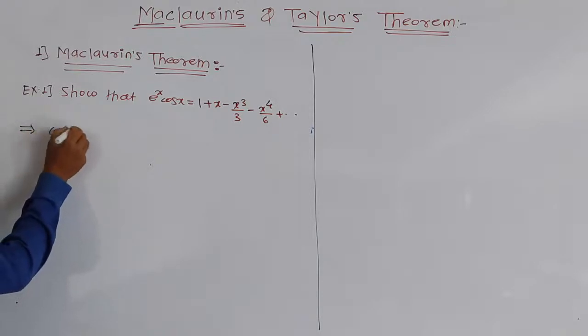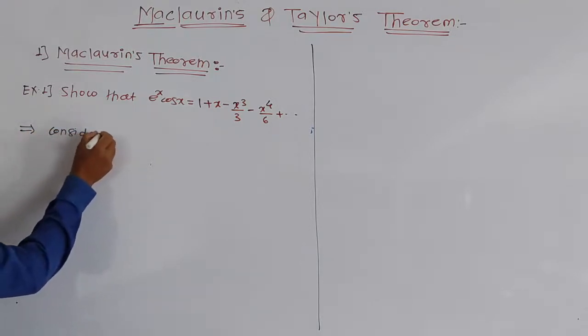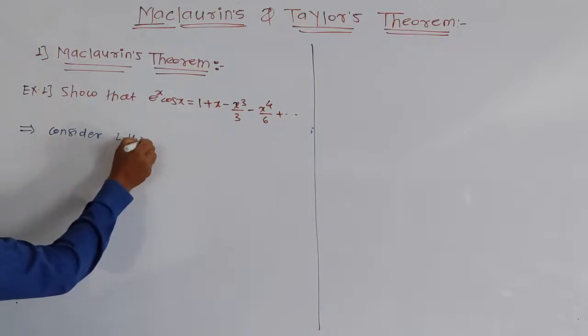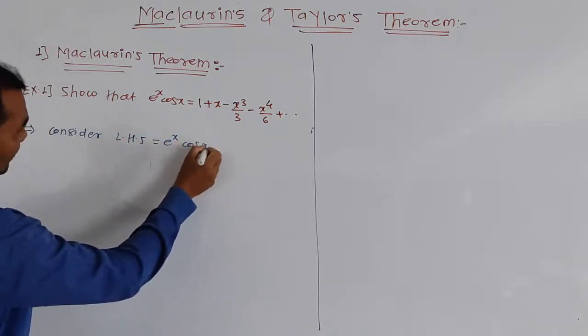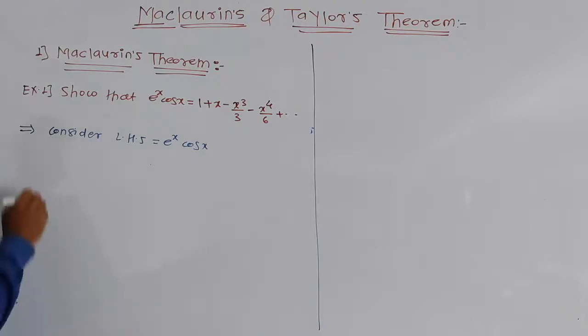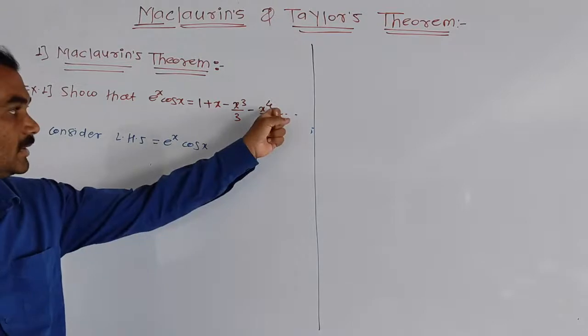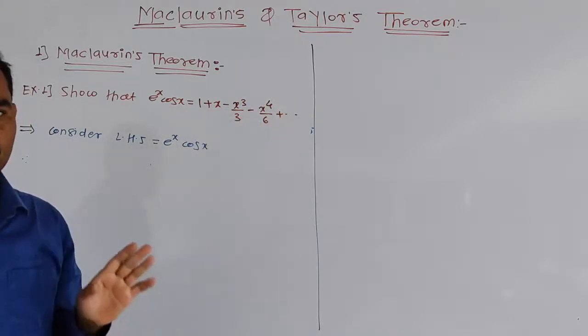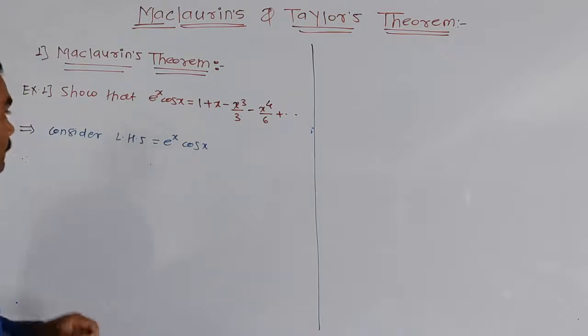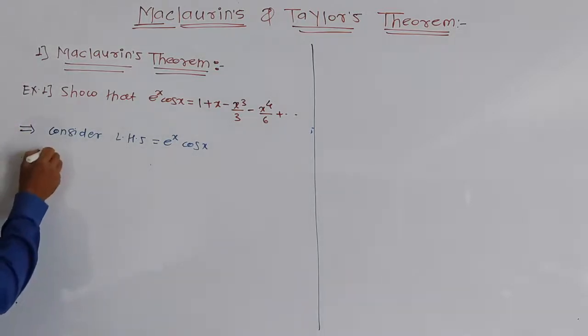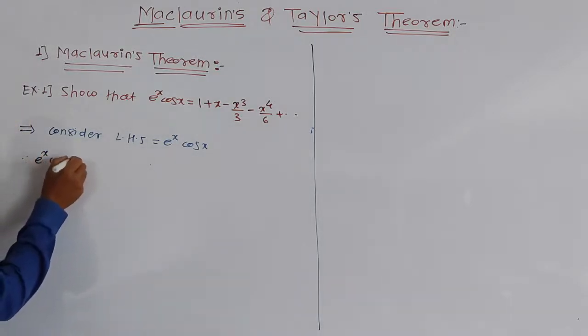Consider LHS, and here LHS is e raised to x into cos of x. Therefore, I will write all the series. We have to find the answer up to the fourth power of x. Now e raised to x into cos x.